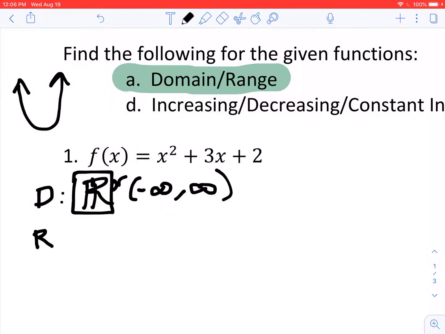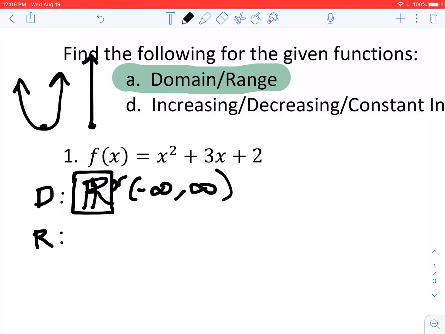What's the range of this function? Well, that's going to be pretty difficult to tell just by looking at the equation. We know that the range of a function is basically from lowest to highest, what are the y values? So the low point would be here, and then the high point would be up to positive infinity.